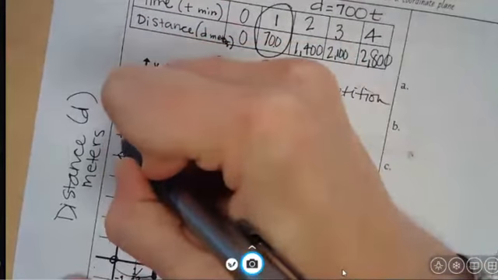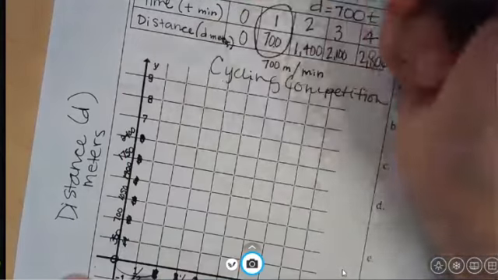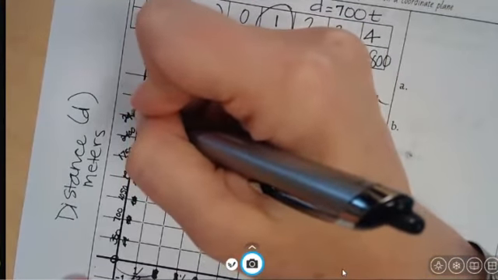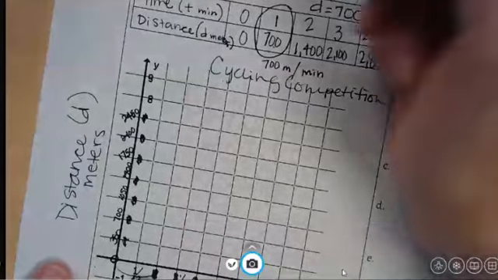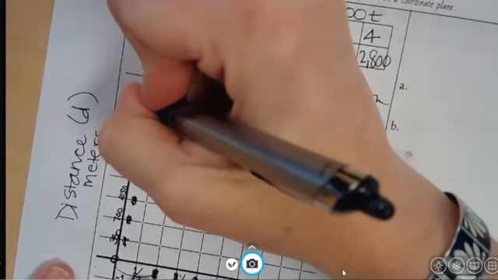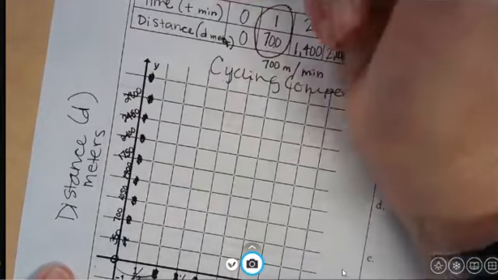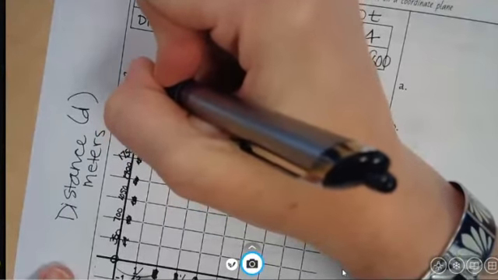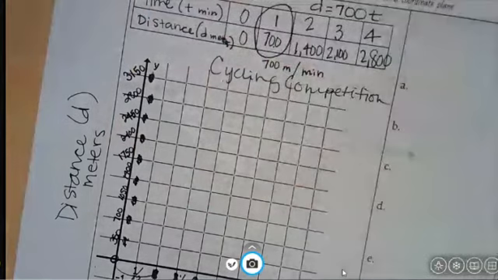Plus another 350, 2,100. Plus another 350, 2,450. And then another 350 is 2,800. And then a final 350 above that would be 3,150.